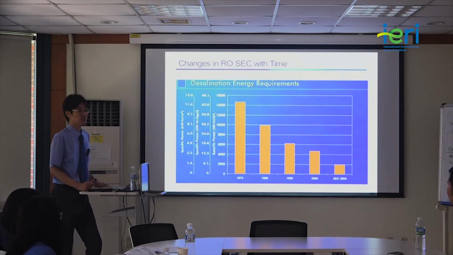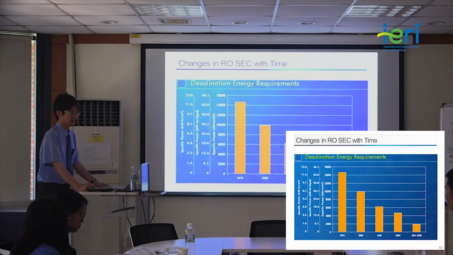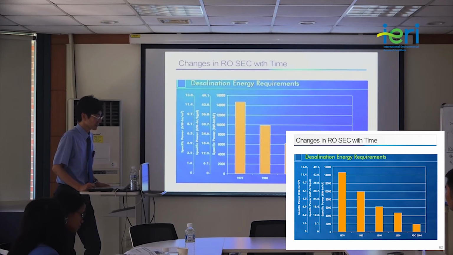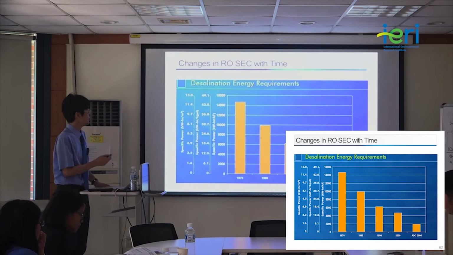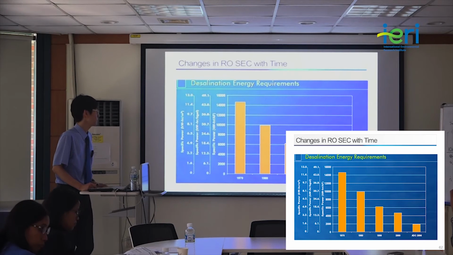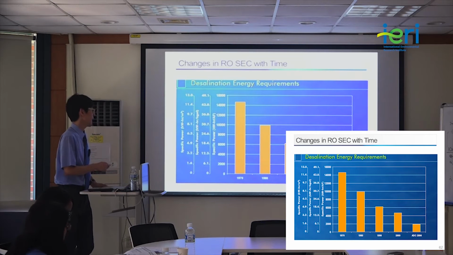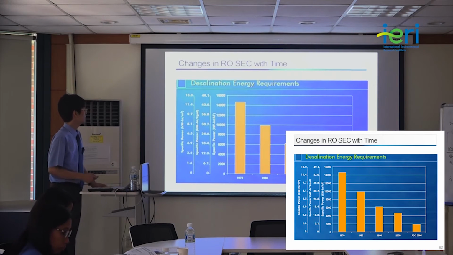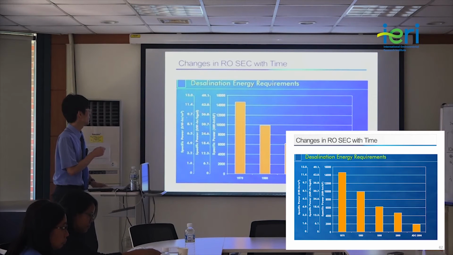So these techniques have been developed by previous researchers and engineers, and by applying them, the reverse osmosis specific energy consumption has been reduced with time. This is one of the results that compares the average specific energy consumption in the 1970s, 1980s, 1990s, 2000s, and after that, in SI units.